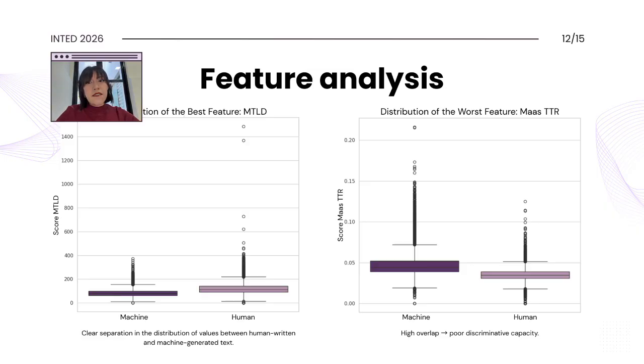Human texts have a much higher median lexical diversity, around 120, compared to machine texts that have around 90. This provides a stronger signal for the classifier. In contrast, on the right, mass TTR shows a high overlap between the distributions. This metric fails to distinguish between the two classes, essentially acting as noise.